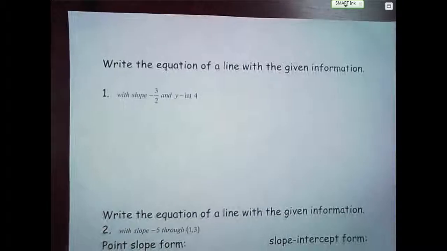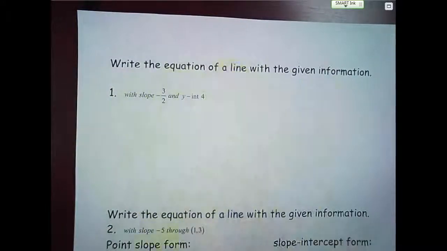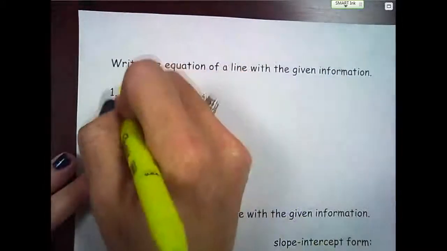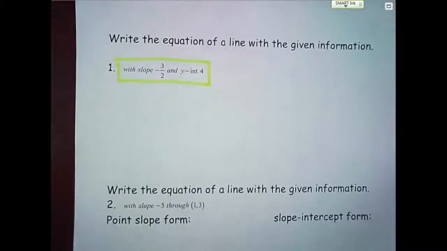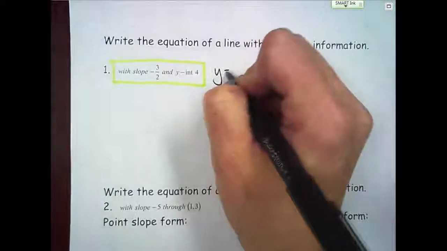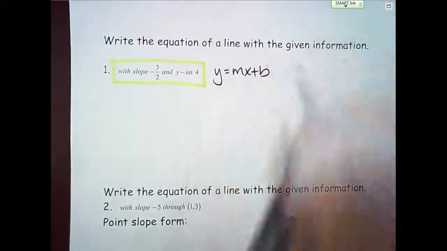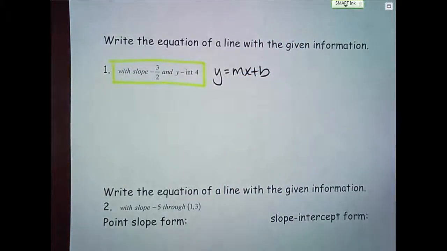Okay. The first says, write an equation of the line with the given information. It gave me the slope and the y-intercept. Why don't we put it in y equals mx plus b form, which is called slope-intercept form. When they give you the slope and the y-intercept, just put it in that form.